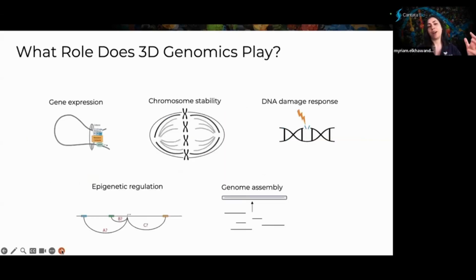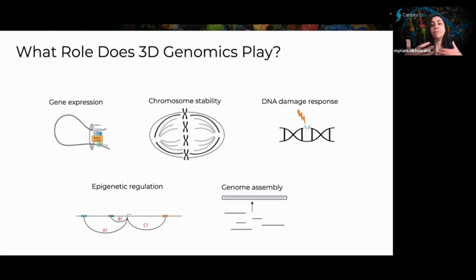And now to address, why does that organization matter and what role does it play? 3D genomics plays an important and active role in cell biology. It plays a role in gene expression, because it's going to make it either easier or more difficult for the transcription machinery to access the DNA.